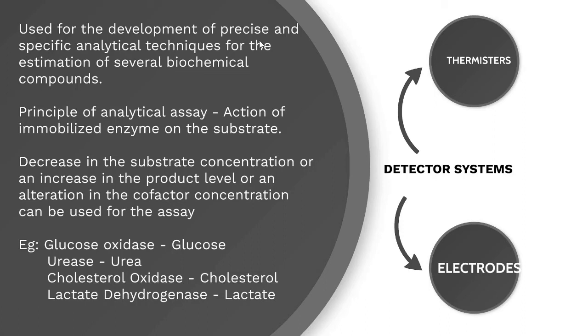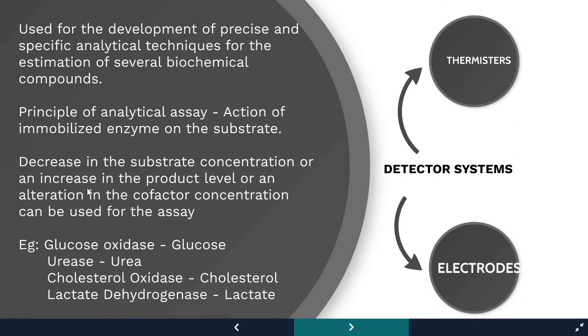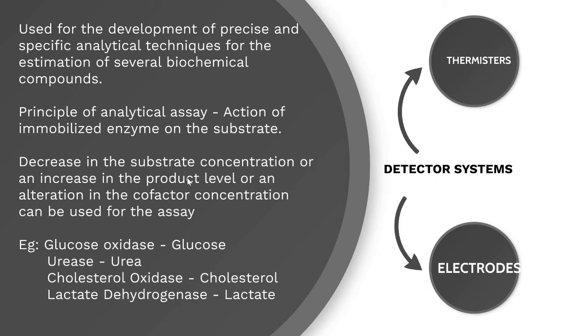That is how it is going to act on the substrate, how it is proceeding with the process, and how the products are formed at the end. So all these things, like decrease in the substrate concentration or increase in the product level or an alteration in the cofactor concentration, can be used for the particular assay.